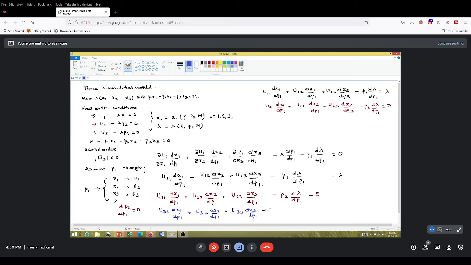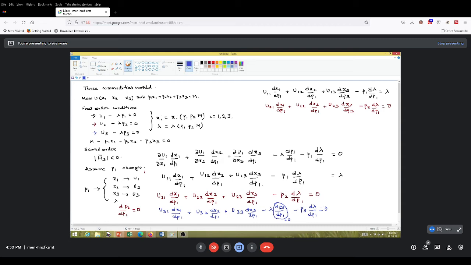So minus lambda, this is equal to 0, and also minus P3 d lambda by dP1 equal to 0.